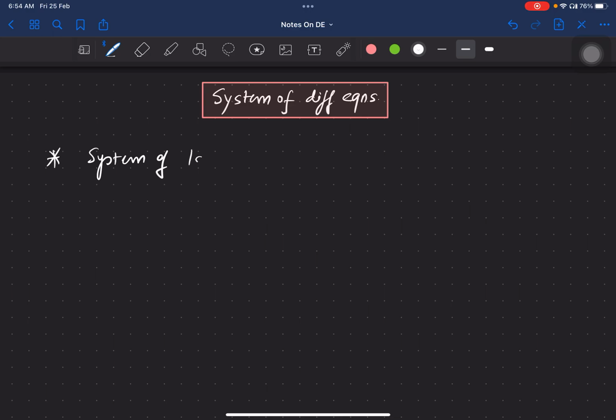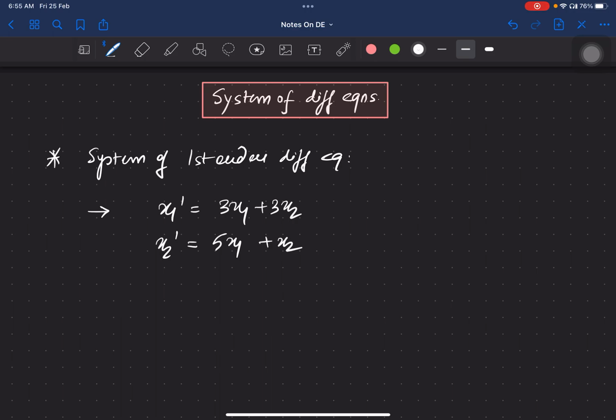System of first order differential equations. So here is an example: x1 prime equal to 3x1 plus 3x2, x2 prime equal to 5x1 plus x2.